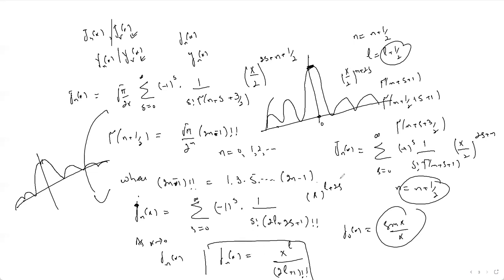Also, if you remember, when we were doing some exercise in Bessel functions, we obtained that this jn of x, or j nu of x, no, I'm using n, so I will use jn here. Jn of x is always given by under root of 2 by pi x cos of x minus n pi by 2 minus pi by 4.